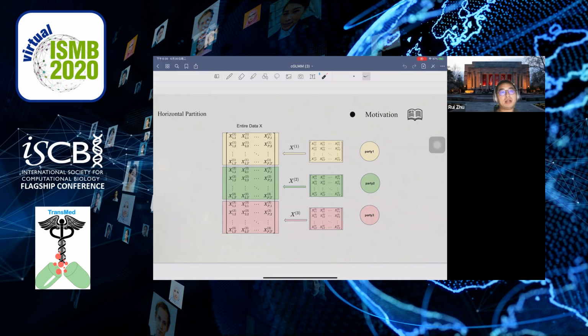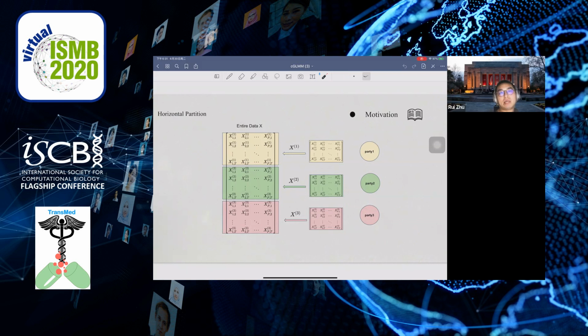Here, we can see each party holder holds several different lines of entire data X. You can see party 1 holds several lines from the entire data set X. So note that here, X1, X2, and X3, which are from party 1 to party 3, can build GLMM individually. So our goal is to develop the same GLMM using entire data X, but without sharing each individual data.